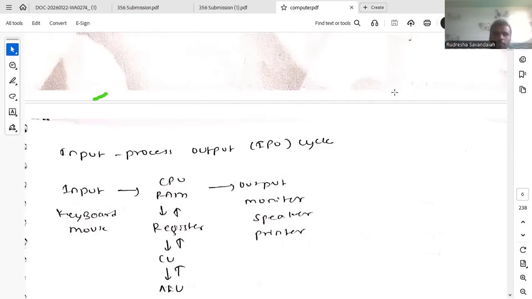In the RAM, random access memory, CPU, central processing unit, and this is the register, CU, and ALU, arithmetic logic unit. Output: monitor, speaker, and printer. These three devices, the output you have: monitor, speaker, and printer.